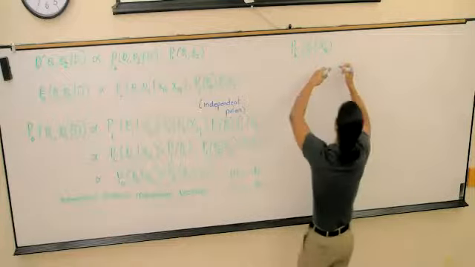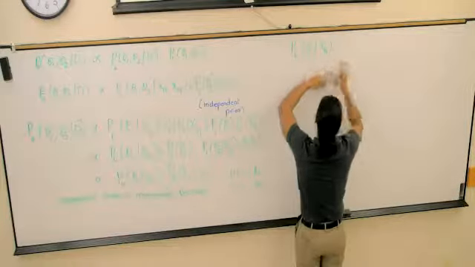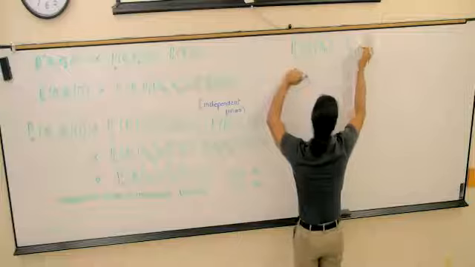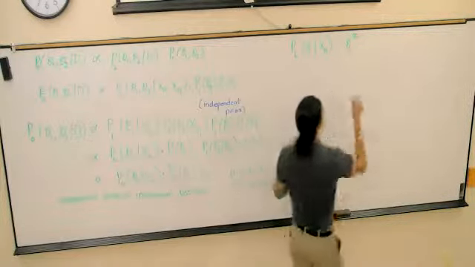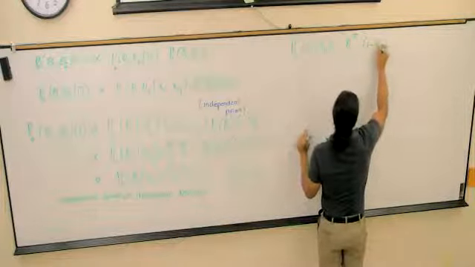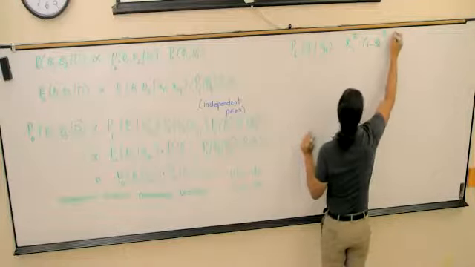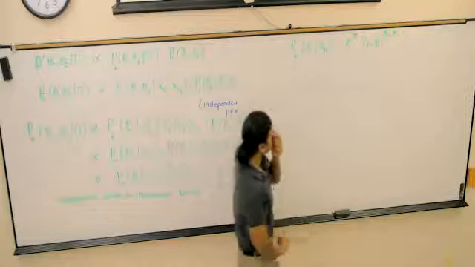What does it look like? Theta 1 to the power of x1, the number of successes, times 1 minus theta 1 raised to n1 minus x1, the number of failures.